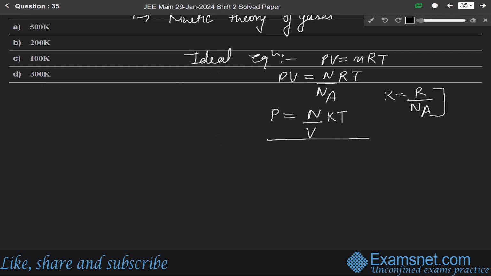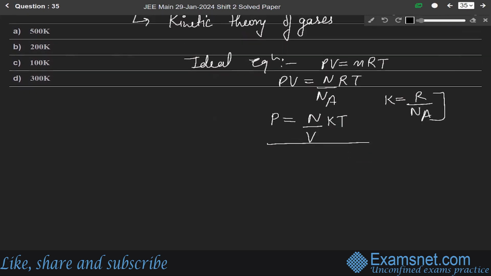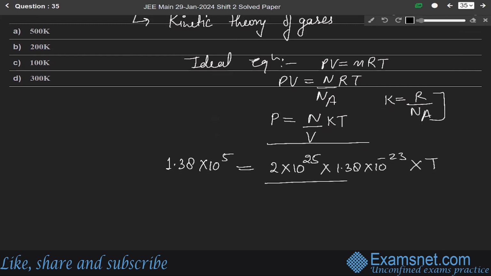Now putting the values, pressure is given as how much? 1.38 atm, means 1.38 into 10 to the power 5. It is equal to N, number of molecules, given as 2 into 10 to the power 25, into K, the Boltzmann constant, 1.38 into 10 to the power minus 23, into T, the temperature we have to find, over V, volume.